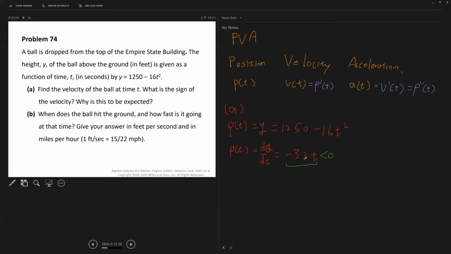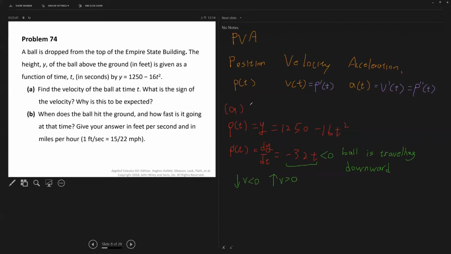Usually if it's up and down, up means positive velocity and down means negative velocity. So it's negative because the ball is traveling downward. If it's down, velocity is negative. If it's up, velocity is positive.